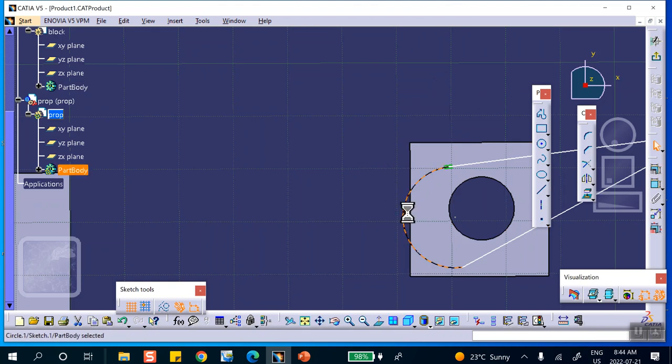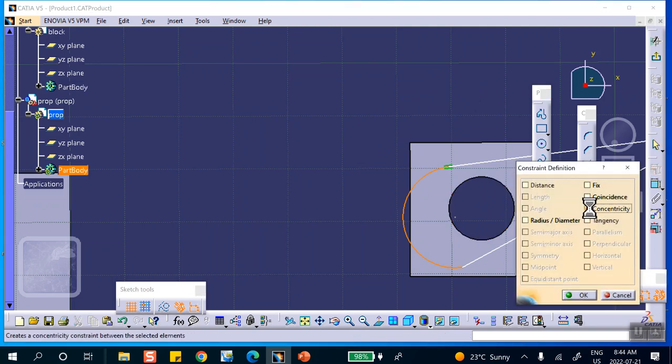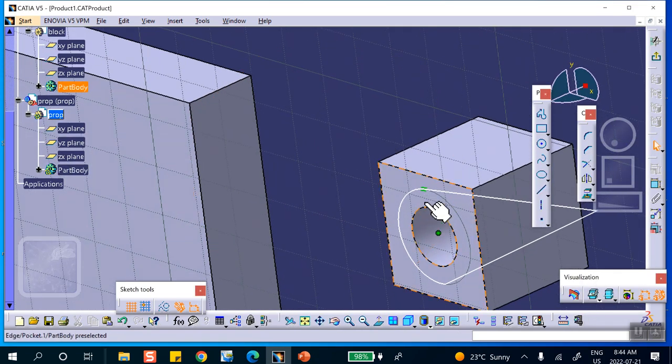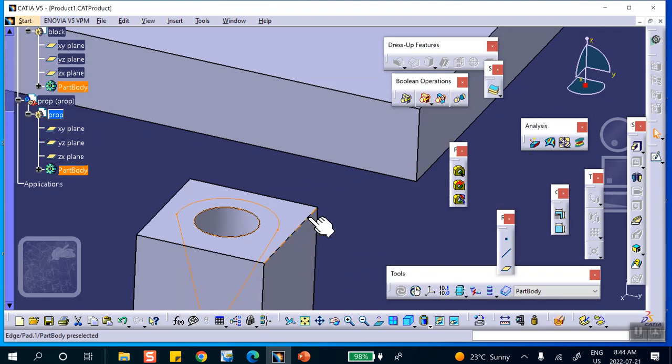Excuse me. This control will make it concentric. Okay, I'm perfectly happy with that. And to minimize my work, I'm going to project this circle into it, exit, and I'm going to pad it.